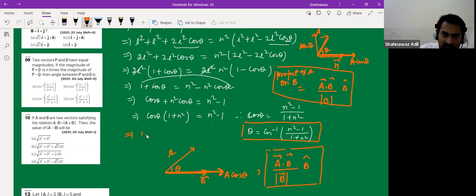So this would be 1 minus n square, and this would be minus of n square cos theta, and this would be minus of cos theta, right? So this would be how much? 1 minus n square and minus cos theta minus n square minus 1, right? So then this would be your answer: 1 minus n square by minus n square minus 1. Right. So then this would be the correct answer.